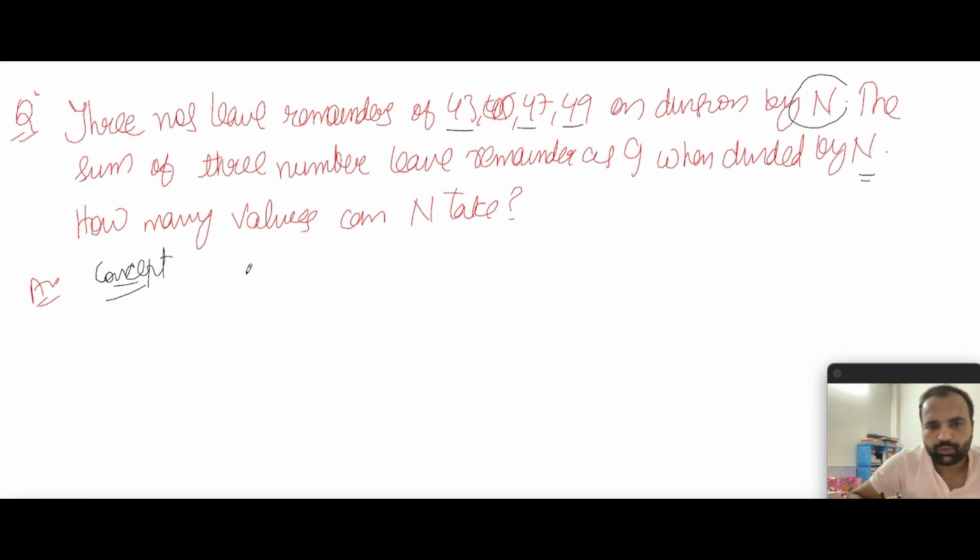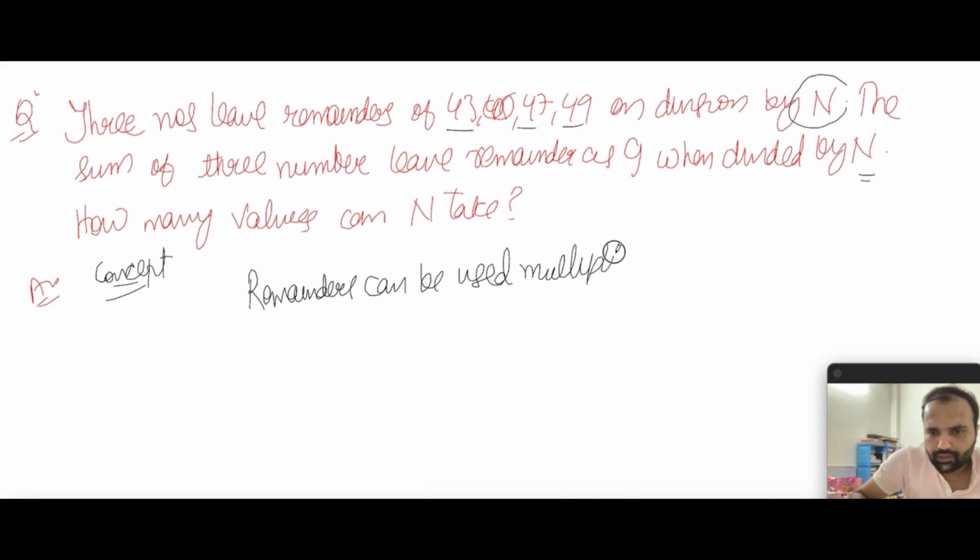If you have gone through my last videos, I have said there that remainders can be used multiple times. Okay, if you remember, I said, multiply 132 by, let's say, 5.